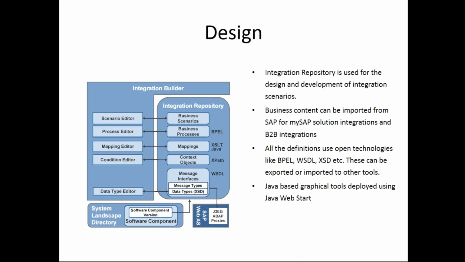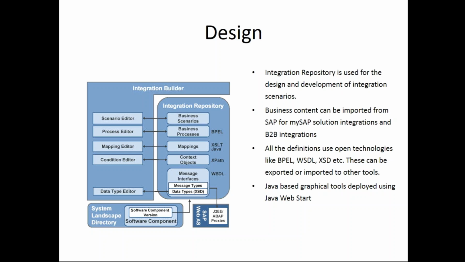So let's say in your SAP landscape you have ECC, your BW, your CRM, SRM, or a different HR system, HCM. So all these systems are present in your company landscape.